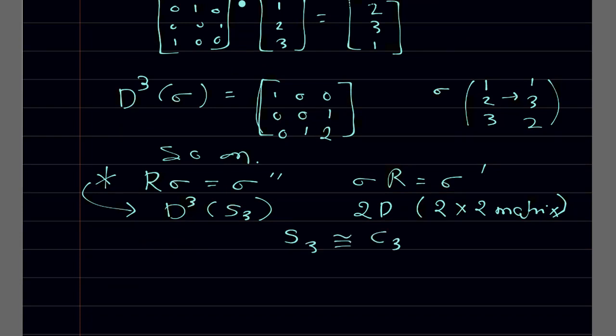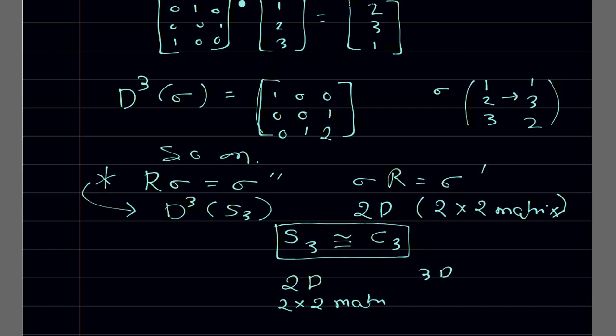These two groups are very closely related in terms of operation, and both the groups have a 2D representation by which the group elements are represented by 2 cross 2 matrices, and they have a 3-dimensional representation where the group elements are linked with 3 cross 3 matrices. That was quite interesting that I wanted to say here.